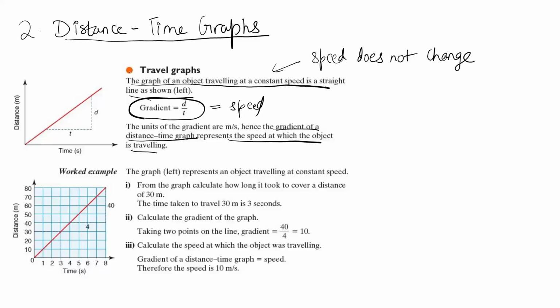So if we have constant slope, that means constant speed in this case, because for a distance versus time graph, gradient is equal to speed. So if you have a straight line, a straight line has the same gradient at all points.